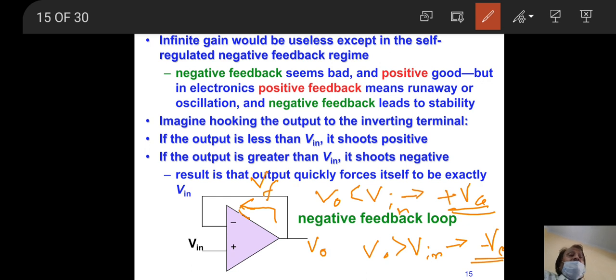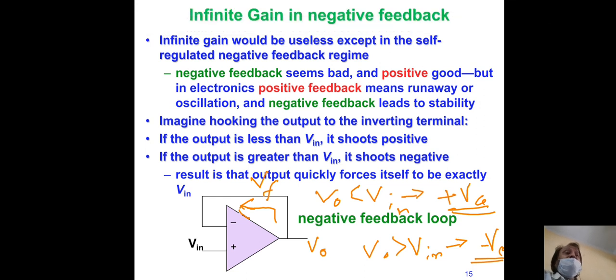Here they are showing negative feedback: if the output is less than Vin, the difference is positive, and if the output is greater than Vin, it is negative. As a result, the output is quickly forced to equal the input voltage.